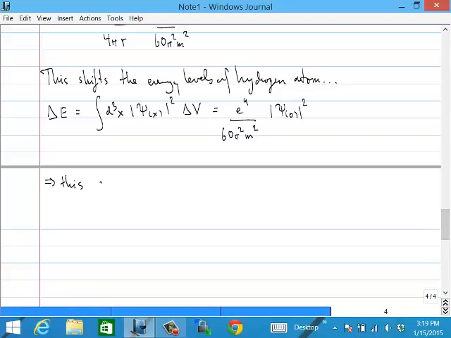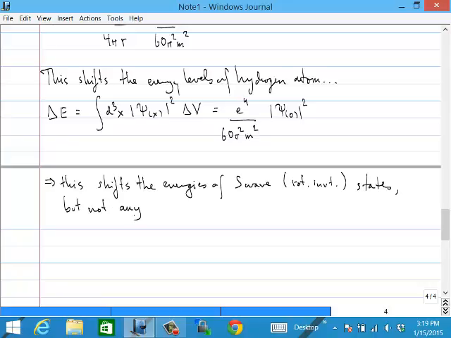So this shifts the energy levels of the S wave, that is to say, the rotationally invariant states of the hydrogen atom, but not any others. Because those are the only states where the wave function is non-zero at the origin. For all the other states that have angular momentum, there's an infinite angular momentum barrier that keeps the wave function away from the origin. It sets it to 0 at the origin.